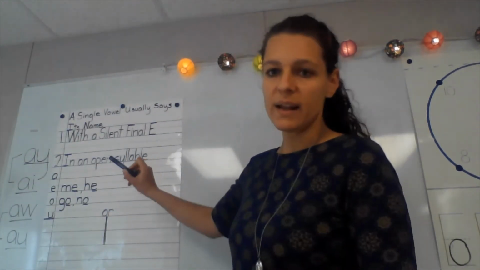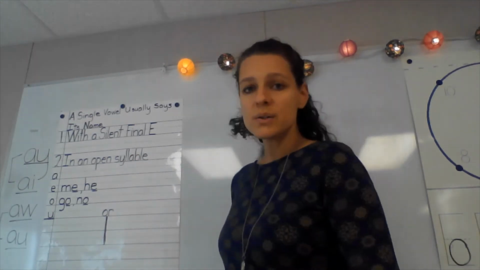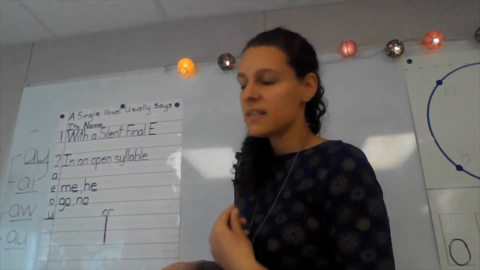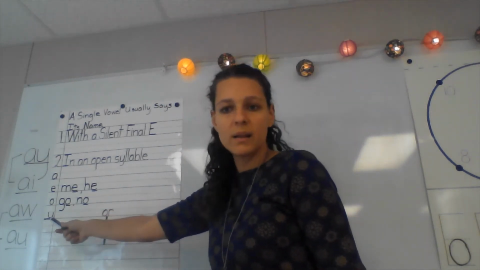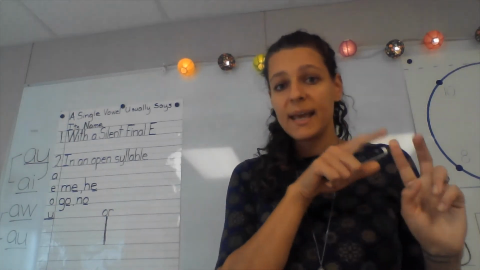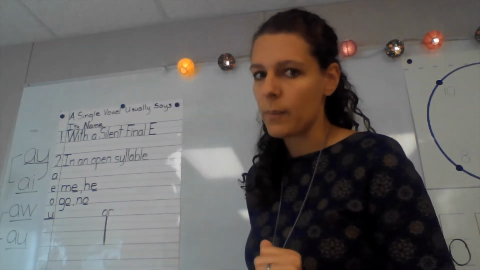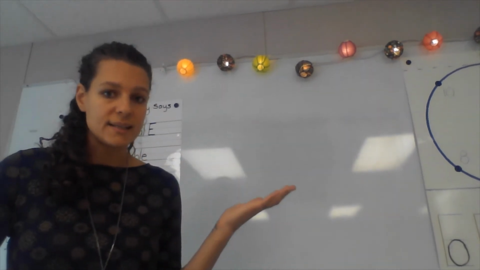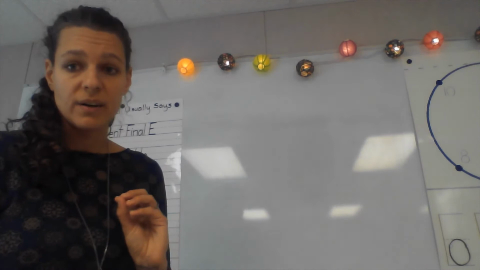So we saw that the more consistent vowels usually say their name in an open syllable. The only tricky thing with our more consistent vowels, though, is our U, remember, has 2 names. Well, it has a name and a nickname, so it can say either of those sounds in an open syllable. All right, so those are our more consistent vowels. Our less consistent vowels have a different rule.